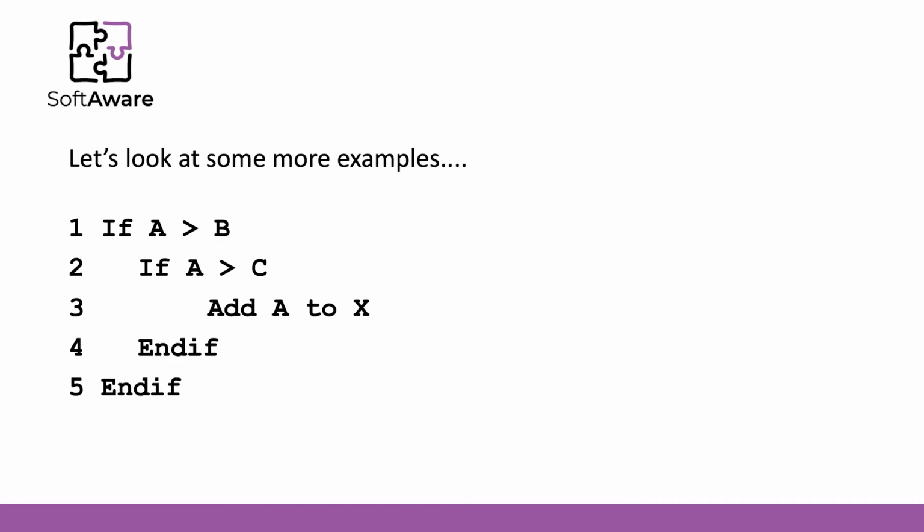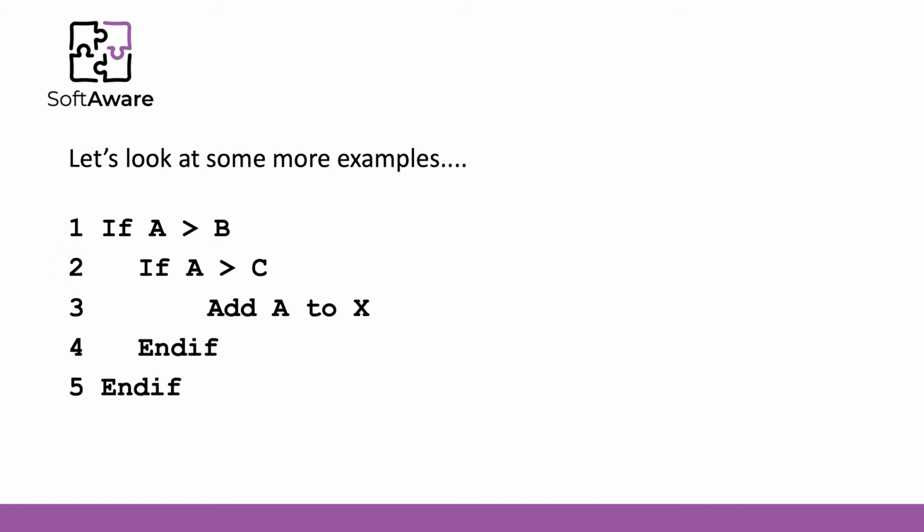This one is a new example. So I have an A, I have a B, I have a C, and I have an X. Considering all of these lines of code, I have one single statement. The statement is present at line number 3. I have two decisions. The first one is present in line 1 and the other is present in line 2.